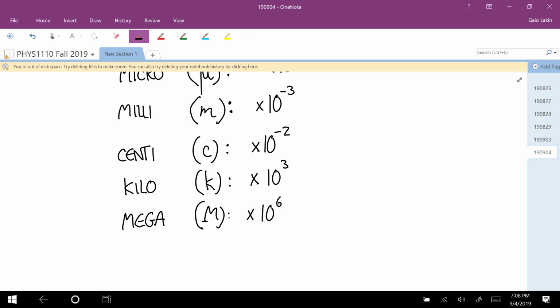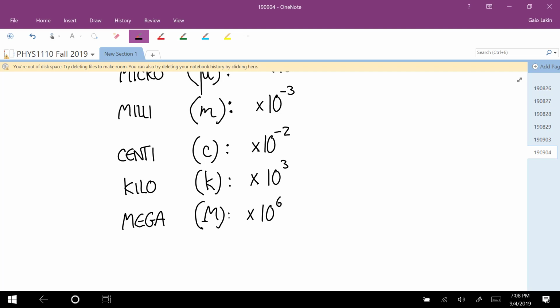And there are kind of two things that we need to be able to do with these. We need to be able to go from an expression that has one of these prefixes in it to one that doesn't. And we need to be able to go from things that don't have prefixes in them to ones that do.